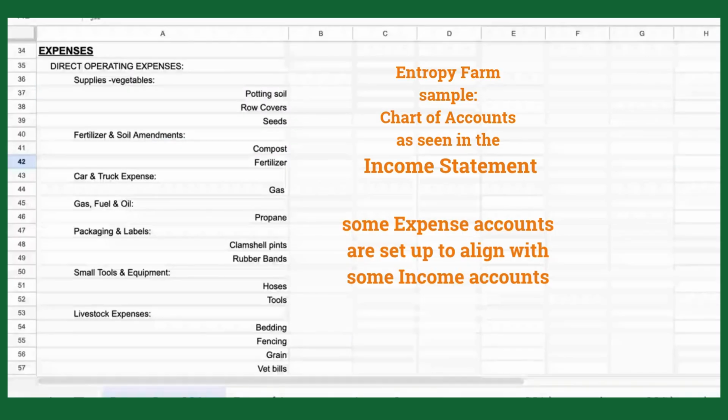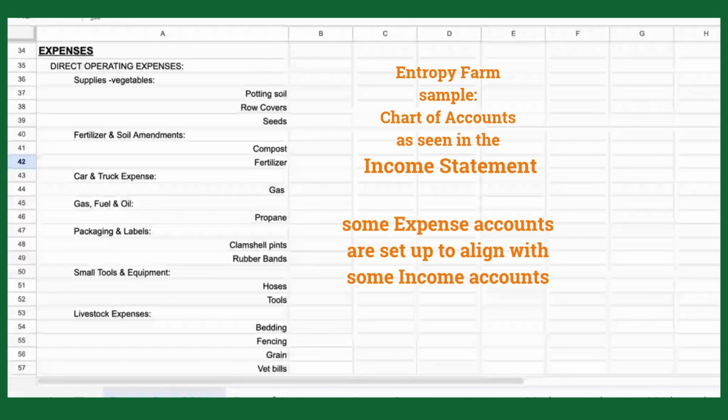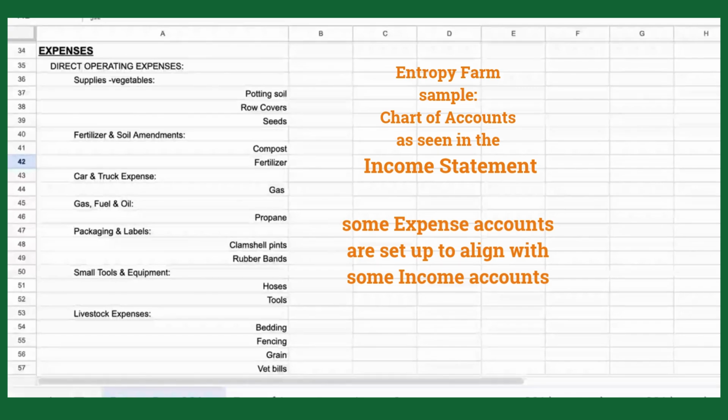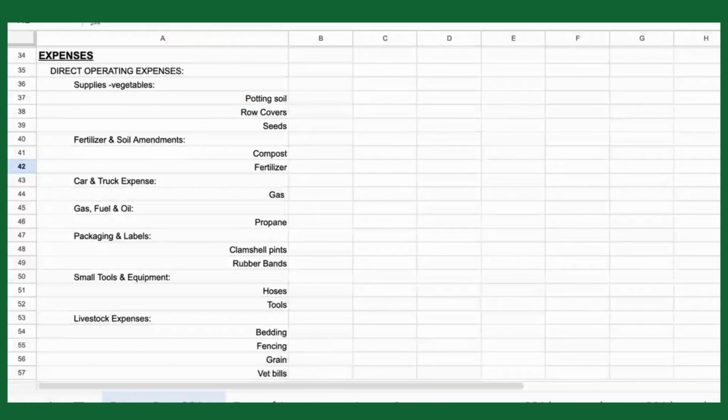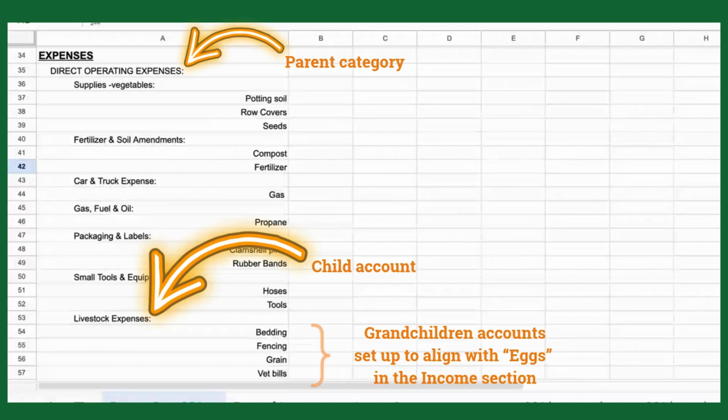This sample farm, which produces vegetables and eggs as their 2 primary enterprises, has their income section in the chart of accounts set up by enterprise. And so, in the expense section here, within the direct operating expenses parent category, they have created and named various children accounts to capture either some of the vegetable-specific expenses like supplies and fertilizer and soil amendment children accounts, and then one to specifically capture the expenses that are directly associated with their egg enterprise, the livestock expenses child account.